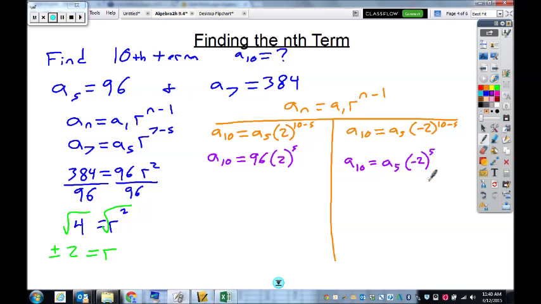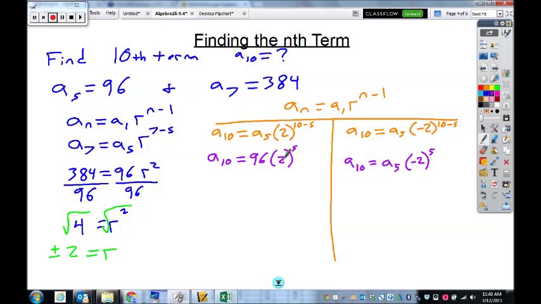Same thing over here. So, find out what my 10th term is.